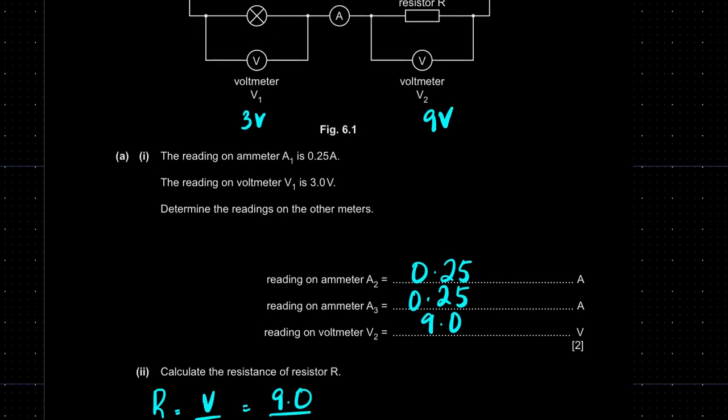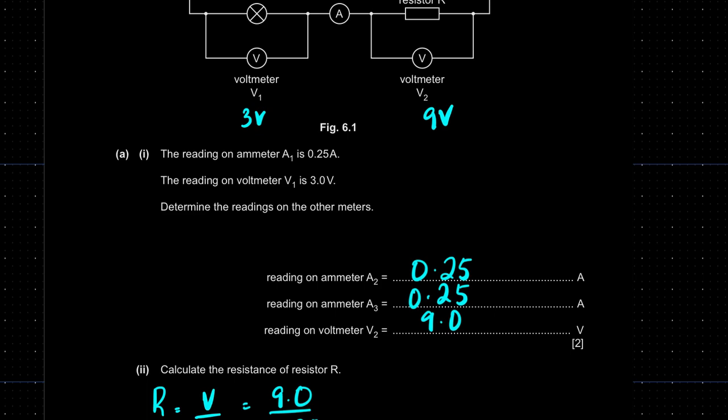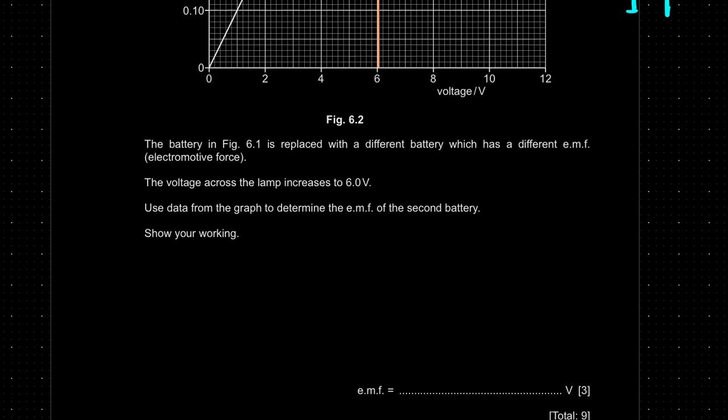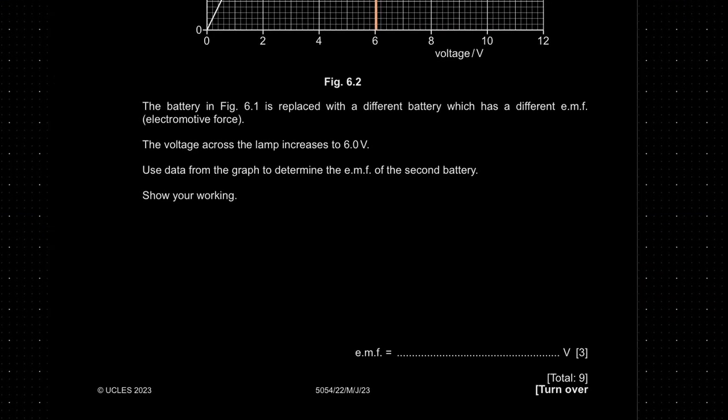If we also know the current, then I can very easily find out the EMF. So the resistance of the lamp is 6 volts over 0.35 amperes, which is going to be 17.14 ohms.